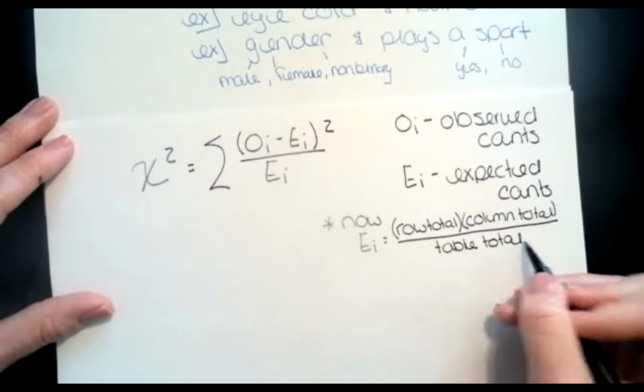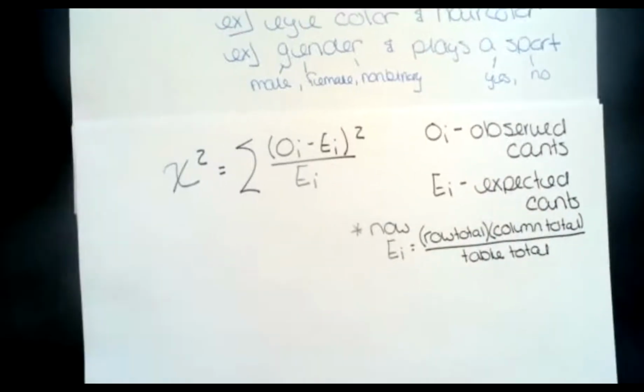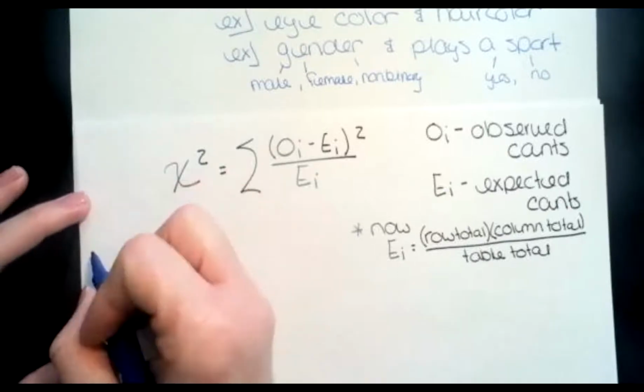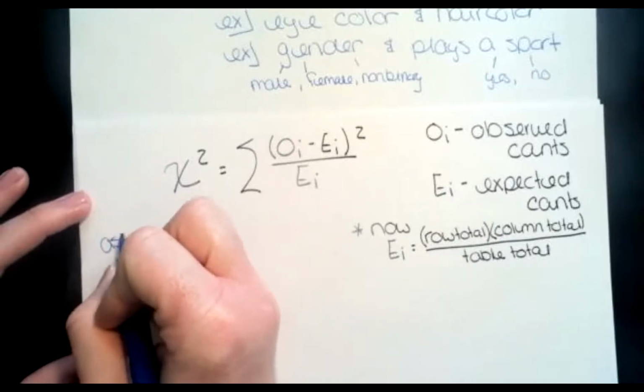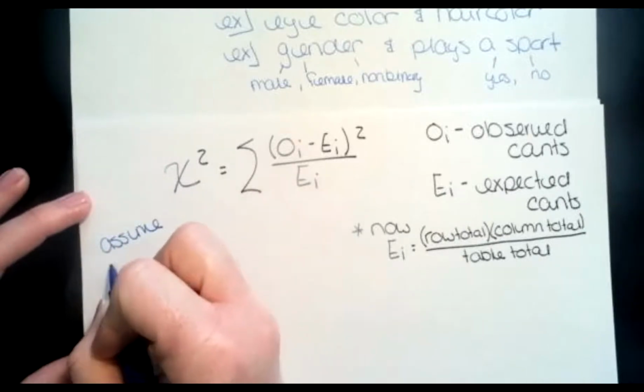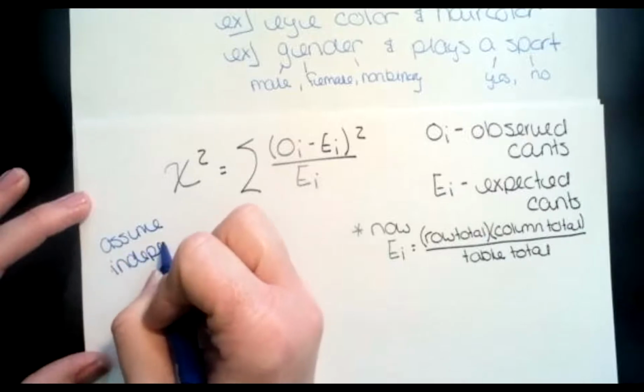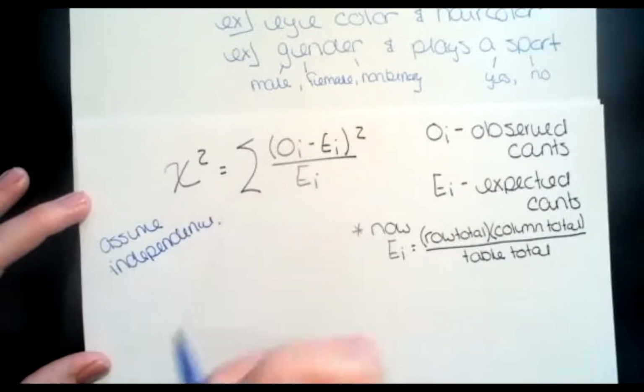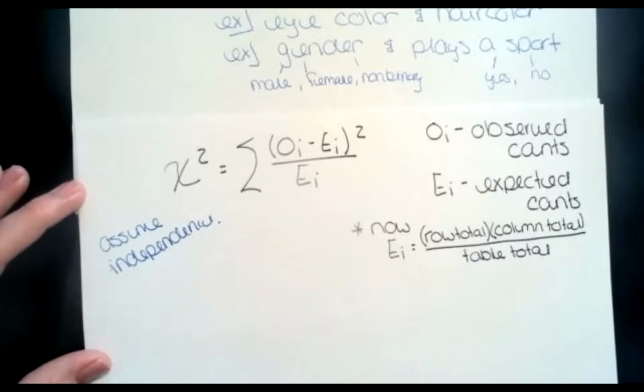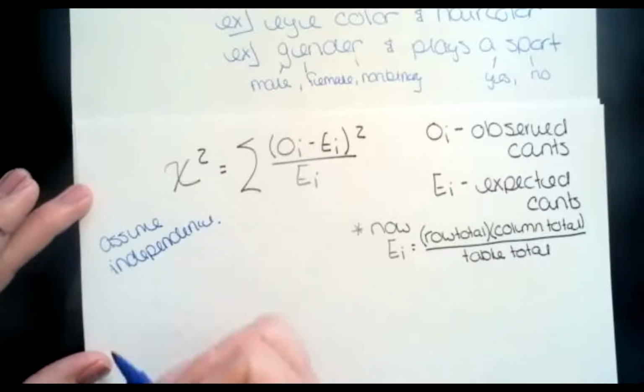So let's see why we do this and what happens. Remember, when we're studying this E sub i, we're looking at the probabilities. I slightly mentioned that last class. So what happens is that we're going to assume independence. And think back, now this was a while ago, think back to chapter 5. We're looking at pure probability.